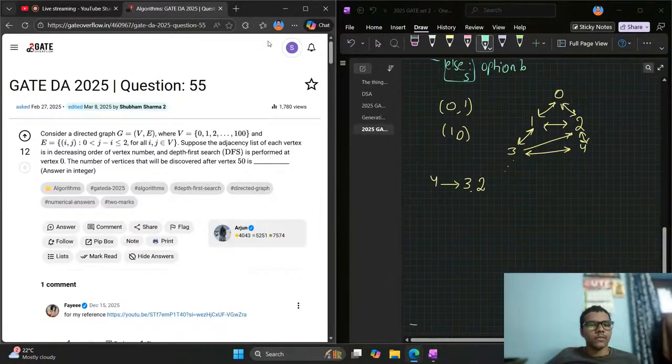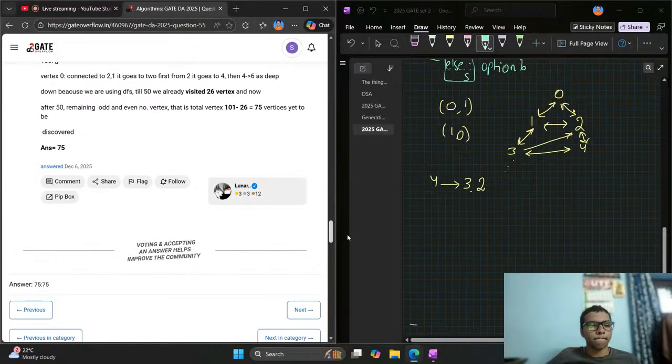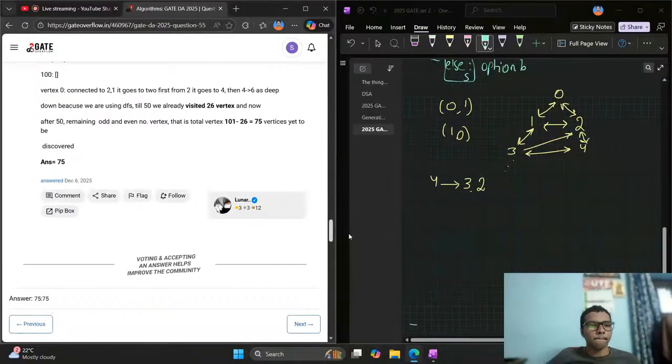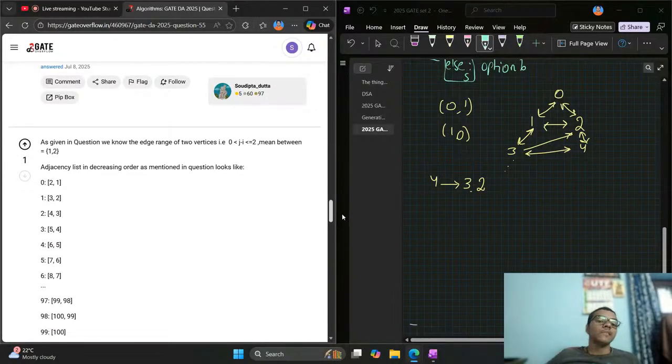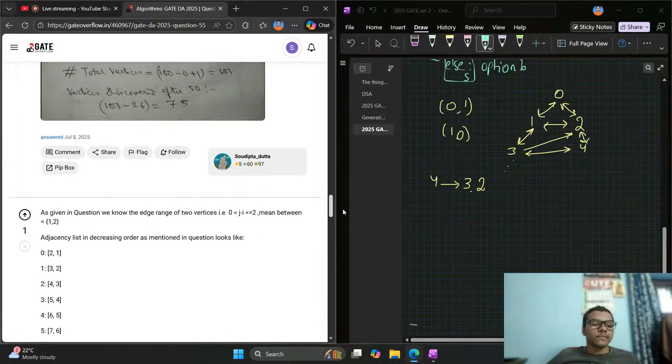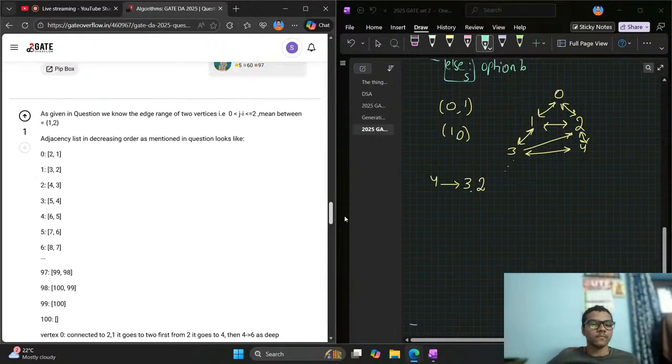Zero is connected to 2 and 1. 1 is connected to, right.